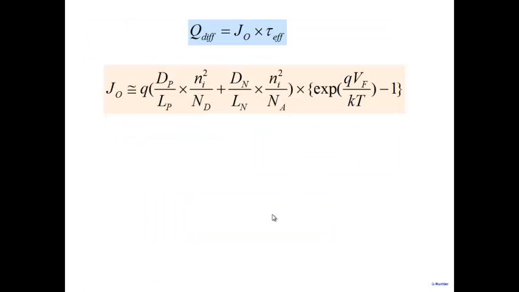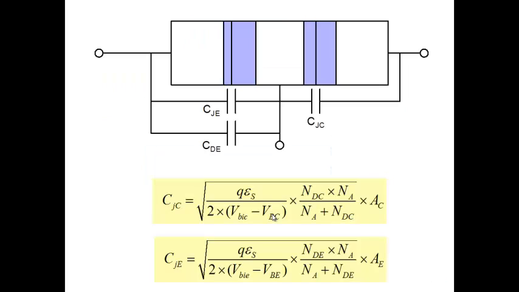All right, so let's come back to a bipolar transistor. I'm talking about a bipolar in forward active mode. The collector-base junction is reverse biased. The base-emitter junction is forward biased. Now we can see the capacitances. The collector-base junction is reverse biased, so the only capacitance is CJC, the junction capacitance, between the base and collector terminals.